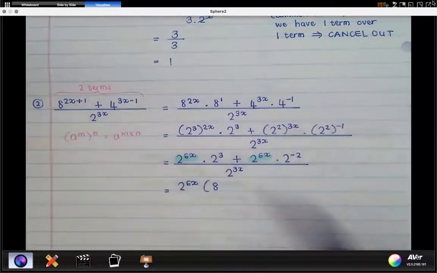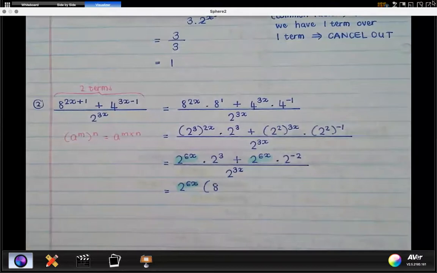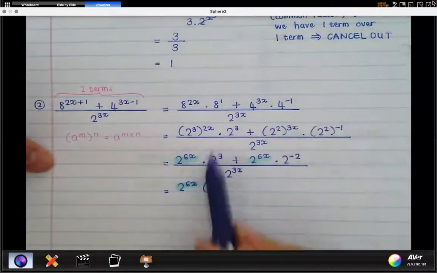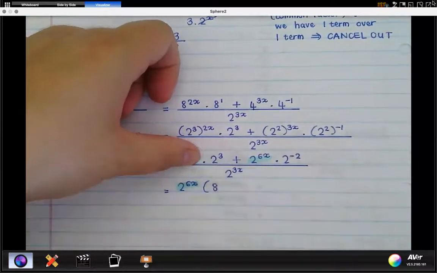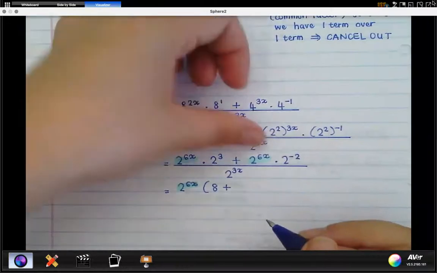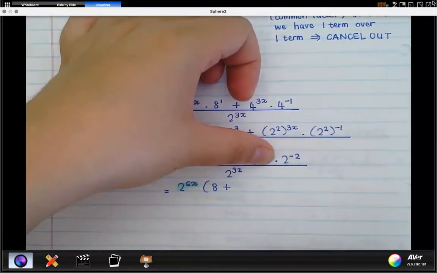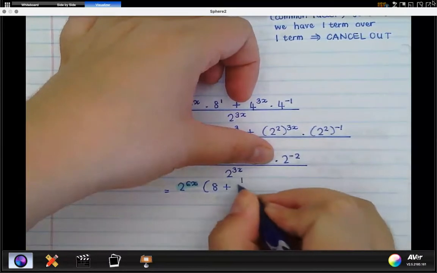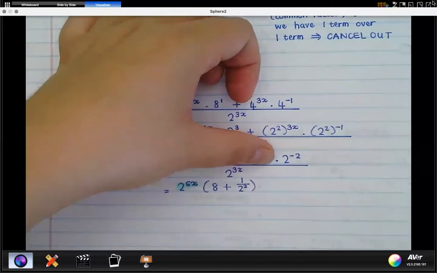So remember, when I'm taking out a common factor, I'm dividing each term by that factor. So I'm saying this whole term divided by 2 to the 6x. If I take that away, I cover it up with 8 plus this term, if I take away the 2 to the 6x, I'm left with 2 to the -2. Now, guys, if you want to, you can write that as 1 over 2 squared.